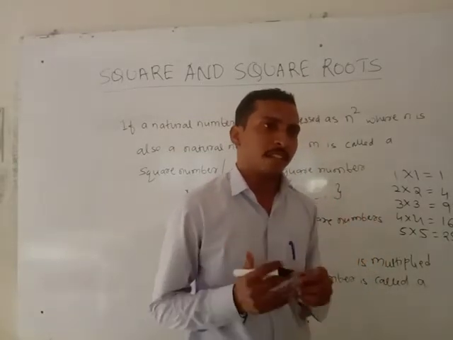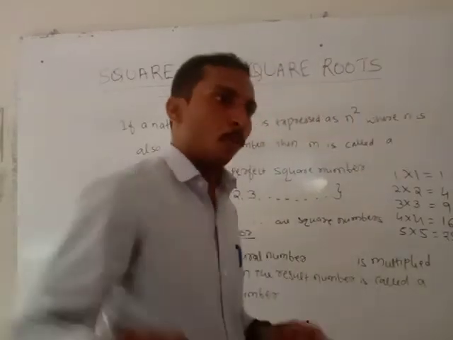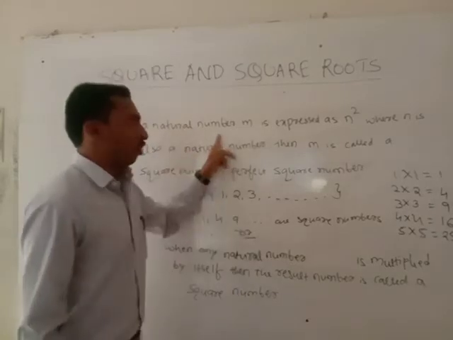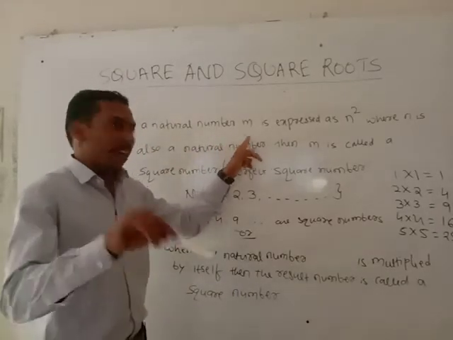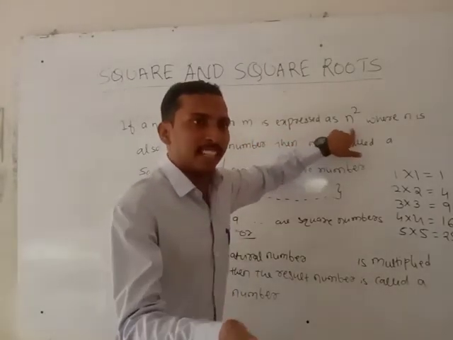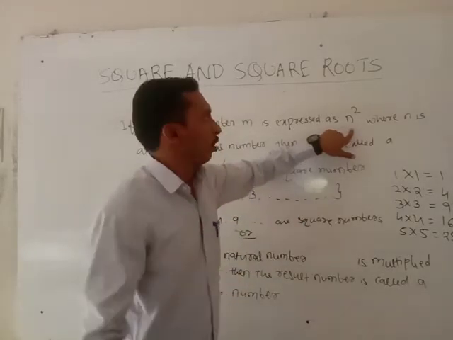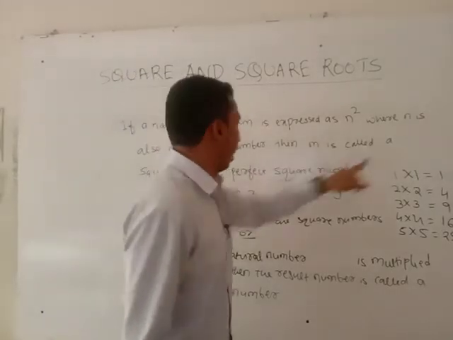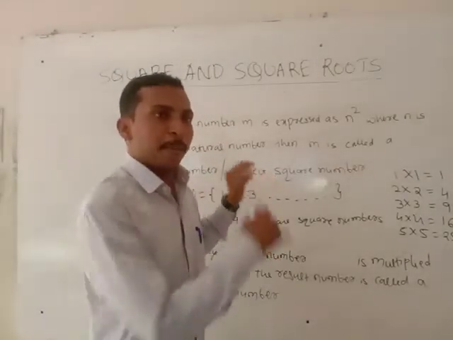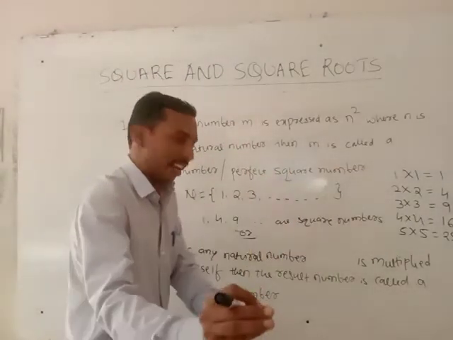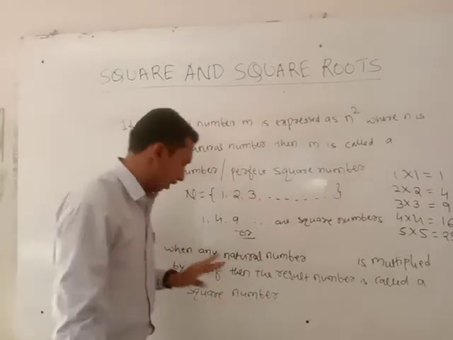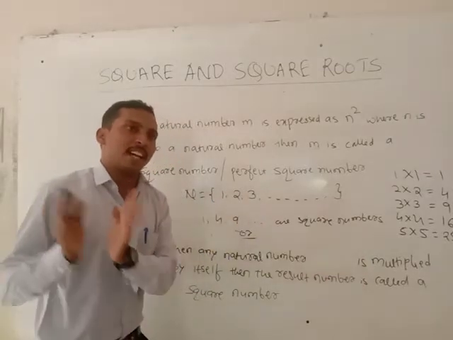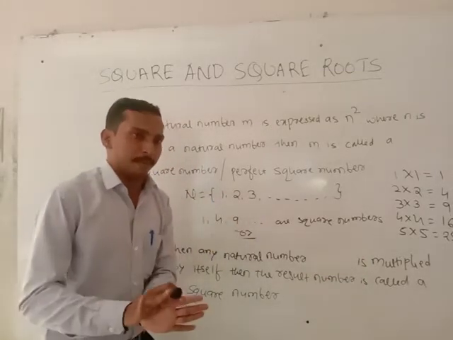Understood, students? So once again I will revise. What are square numbers? If a natural number m is expressed in terms of n square, which is nothing but n into n, where n is also a natural number, then m is called a square number. If you think it is difficult, think of it in an easy way: when any number is multiplied by itself, the result is called the square of that number.